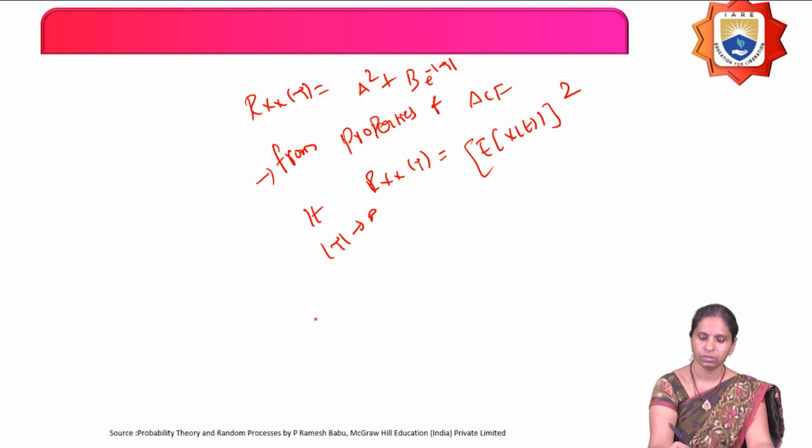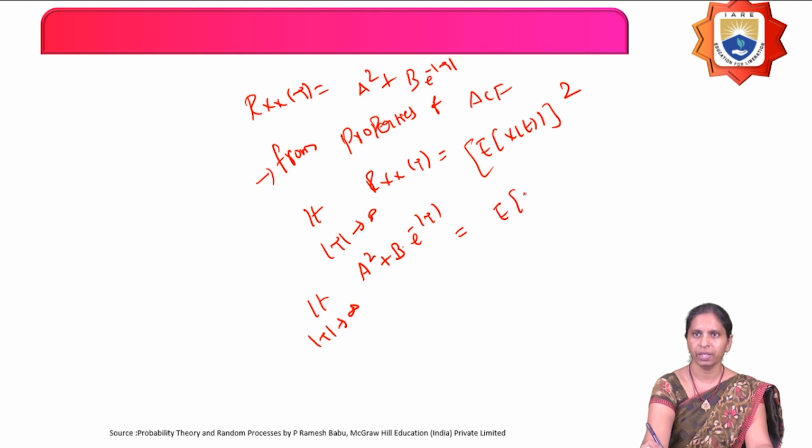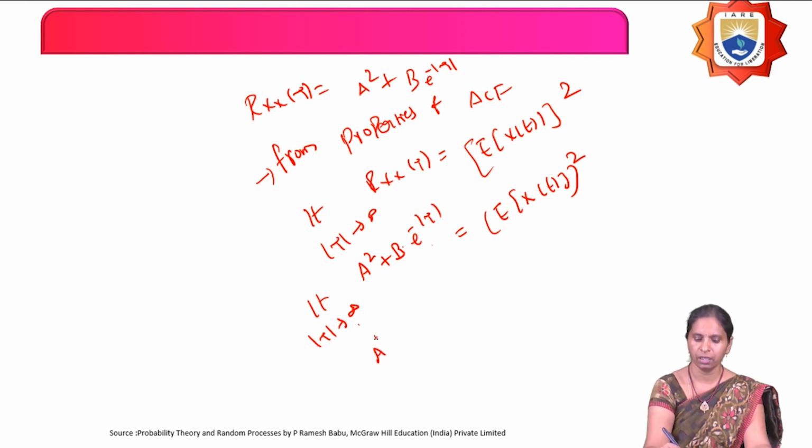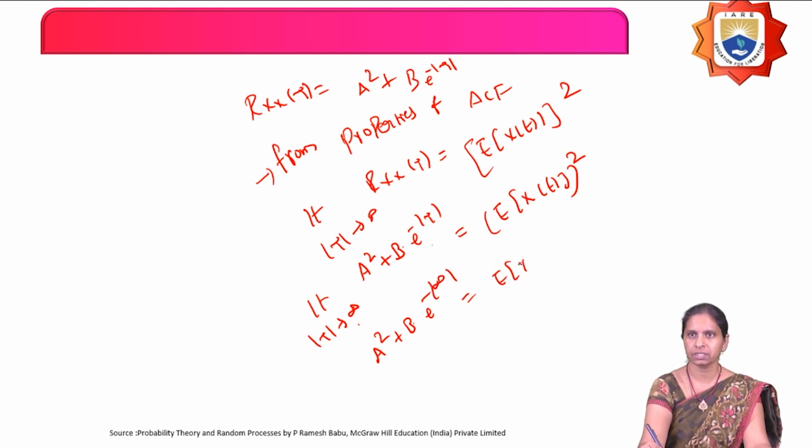What is Rx of tau in the given problem? A square plus b into e power minus mod tau. E of x of t is the mean of the input random process. So if you substitute tau equals infinity, a square plus b into e power minus infinity equals E of x of t whole square.